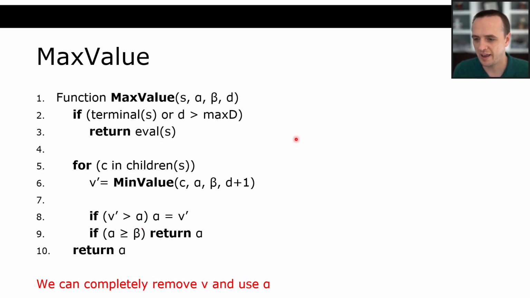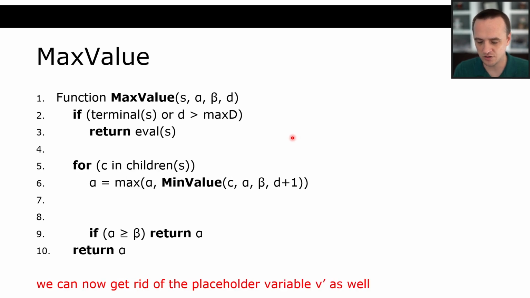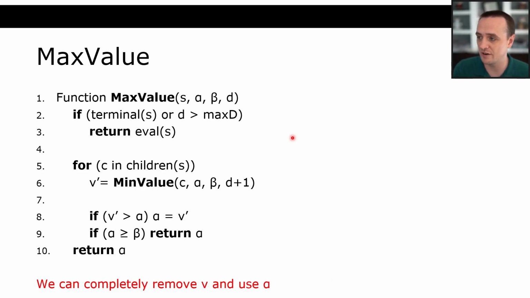Okay? And because I've gotten rid of this V variable, well, what I'm doing here is I have a temporary variable called V prime. The next step to shortening, I apologize if I'm going a little bit fast, but you can rewind this. The next step to shortening is I can recognize this.